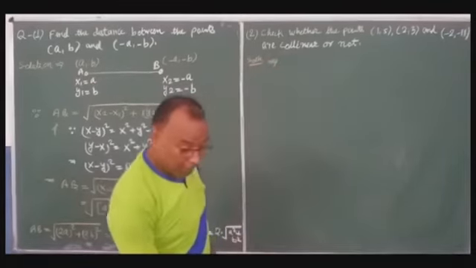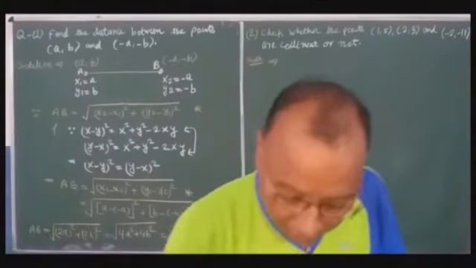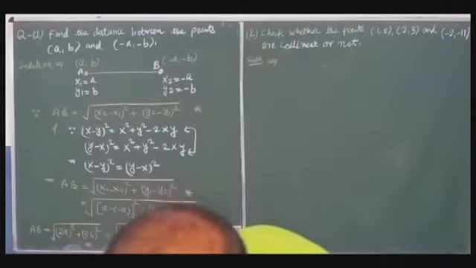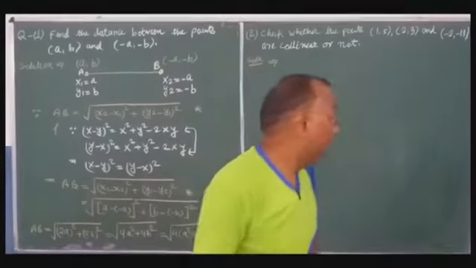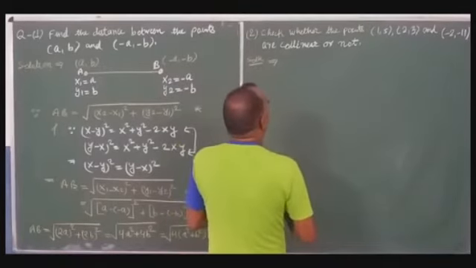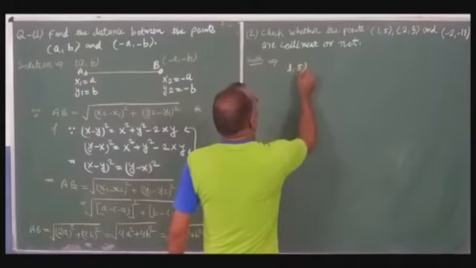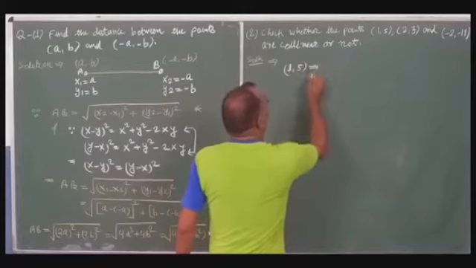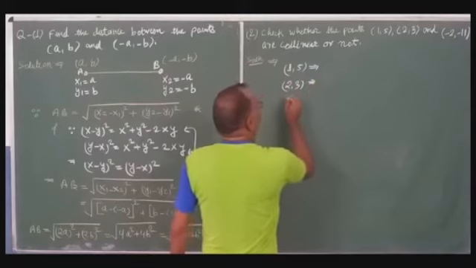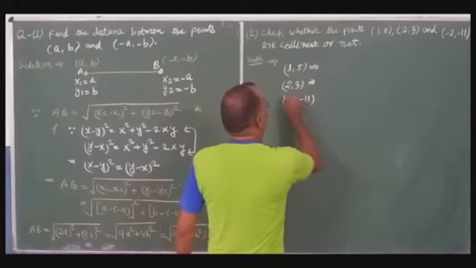So now just look at the concepts. If the points are collinear, then the area of the triangle will be 0. Look at these points: 1 comma 5, another point is 2 comma 3, and the third point is minus 2 comma minus 11.